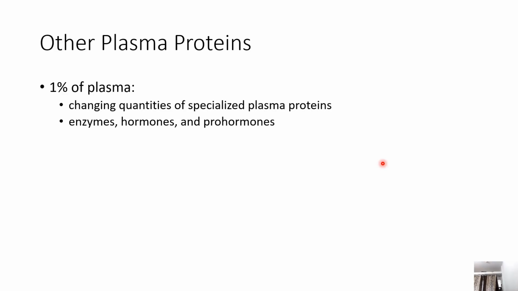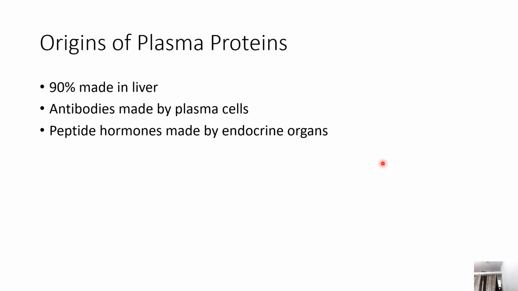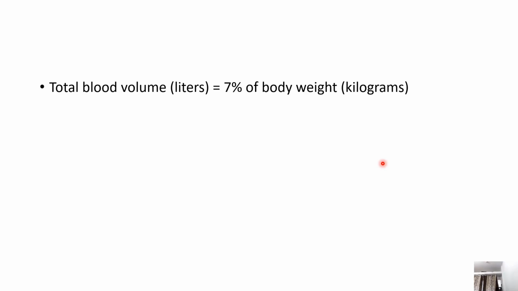What are the other plasma proteins? 1% of plasma is changing quantities of specialized plasma proteins, enzymes, hormones, and prohormones. Now, 90% of our plasma proteins are made in the liver, antibodies are made by plasma cells, and peptide hormones are made by endocrine organs.